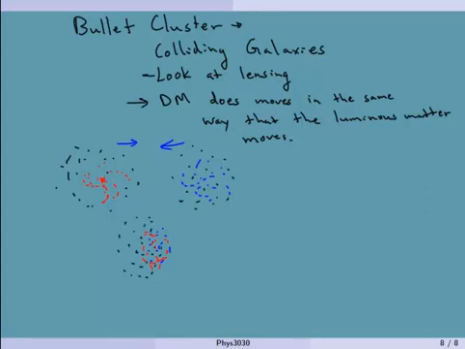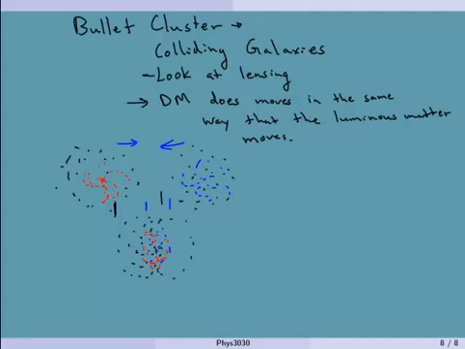So let's draw this. So that's the luminous blue matter from that galaxy. And the dark matter will have moved over a little bit because the dark matter isn't sticking to the luminous matter because it's not very interactive, right? It doesn't have any way of interacting, so it'll sort of slip through everything. And then the same thing with the red.